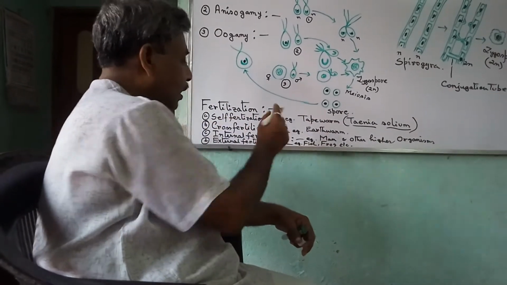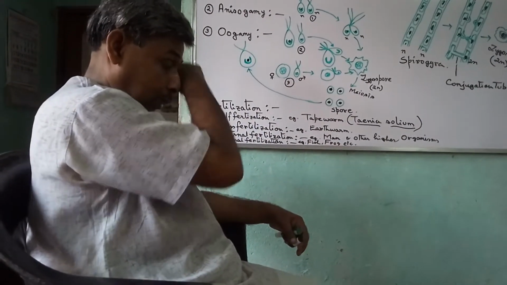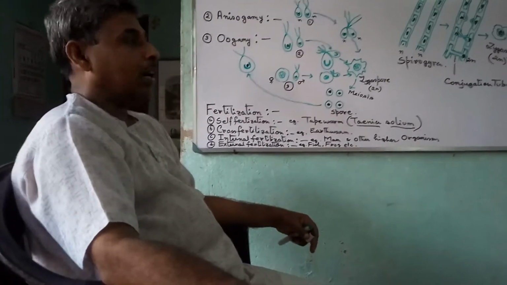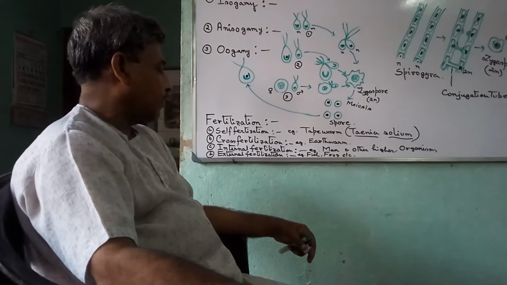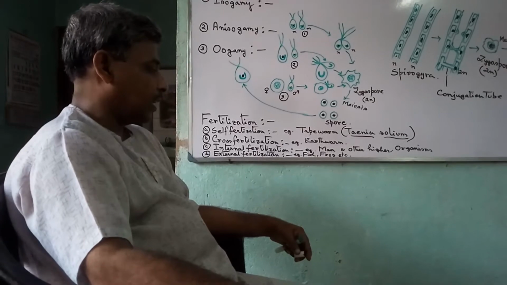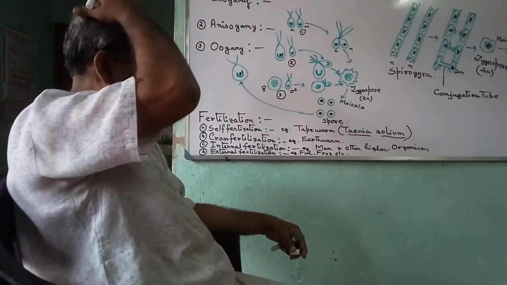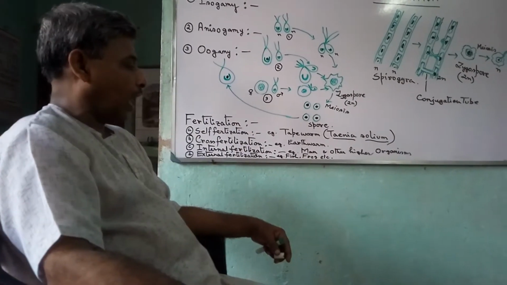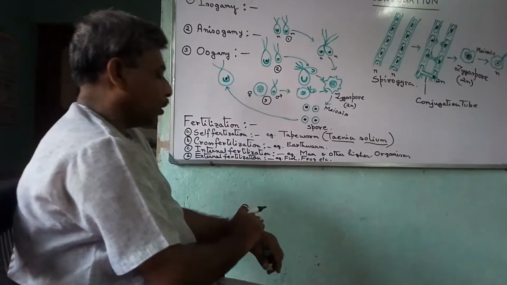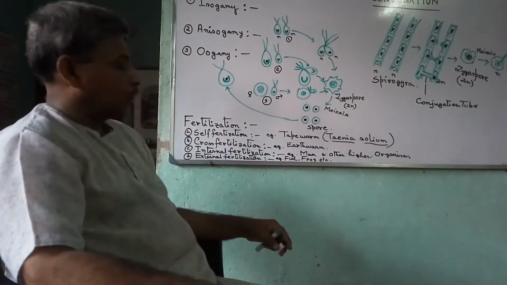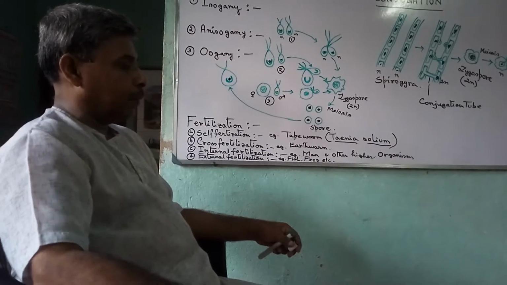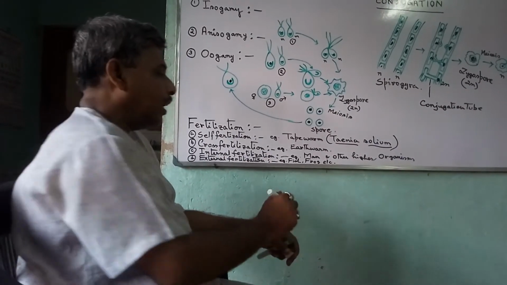Where two different individuals are required, one acts as a male, another one is a female, that's called cross fertilization. That type of fertilization is called cross fertilization, as we see in all higher organisms. Earthworm is an exception in this context, because earthworm itself being hermaphrodite or possessing both the sexes in the same body, it requires two different individuals for fertilization.